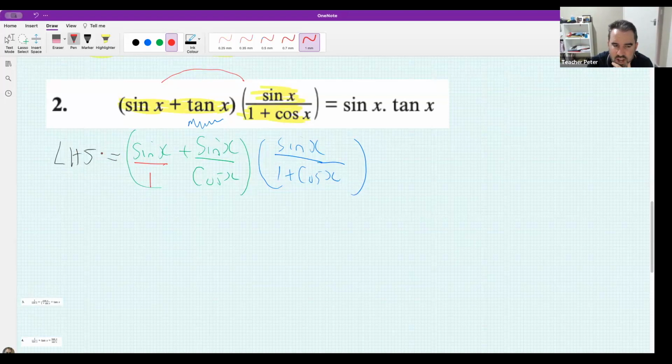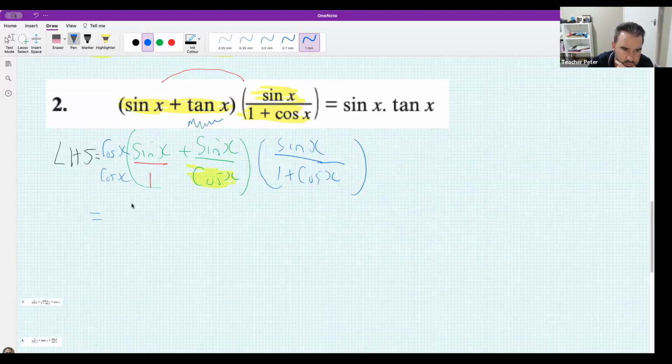What do I need to times the top and bottom by to make the same denominator? What is the amount? I'll put it here as a mystery black box. I know I need to times by something. Well, of course, it has to be the thing that is there already. So we have cos x, cos x.